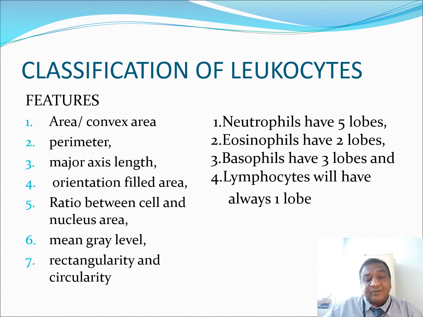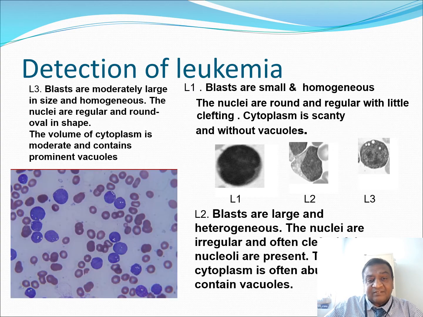Now, classification of leukocytes. You can easily do that because of the lobes available in white blood cells: neutrophils have 5, eosinophils have 2, and basophils have 3. Similarly, we are able to detect 3 levels of leukemia. L1: blasts are small and moderately uniform. L2: blasts are large and heterogeneous.